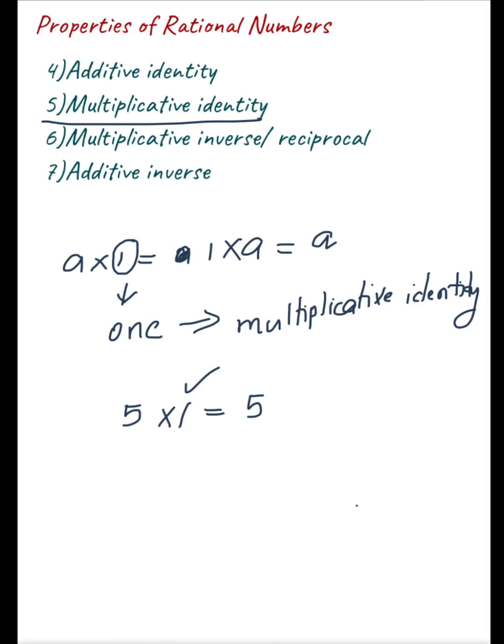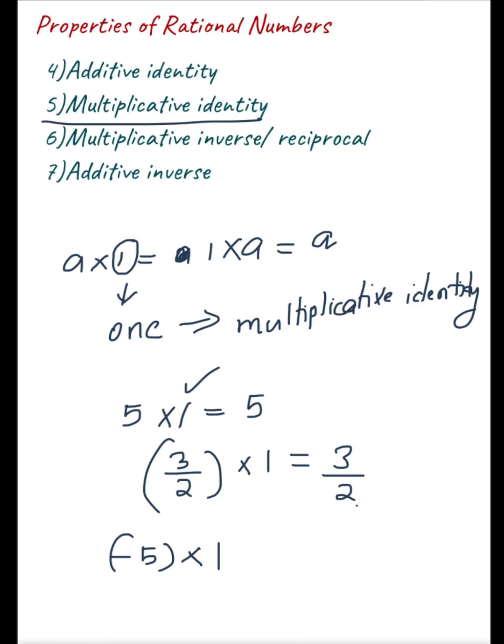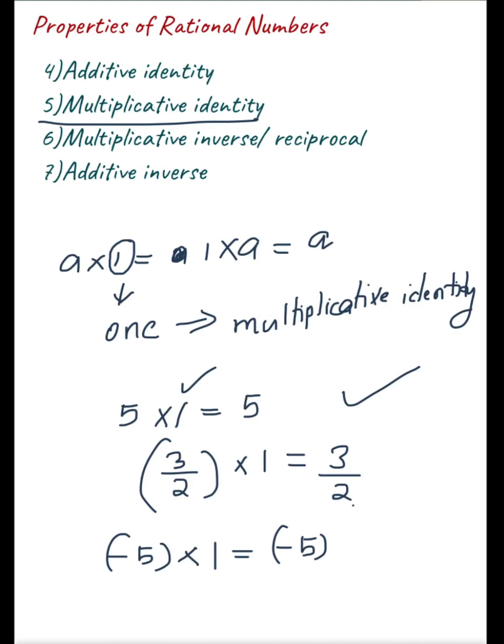Now suppose I am taking 3 by 2 and multiplying it with 1, then the answer is 3 by 2 itself. Now suppose I am taking minus 5 and multiplying it with 1, then the answer will be minus 5 itself. So 1 is the multiplicative identity in the case of whole numbers, rational numbers, as well as integers.